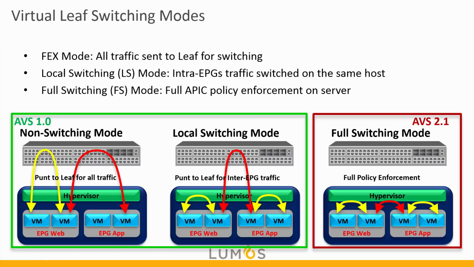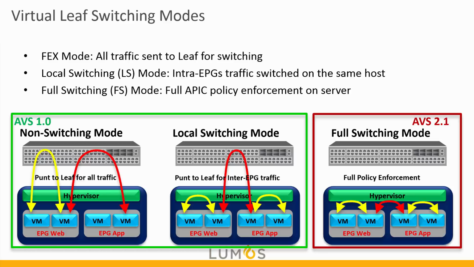But we will need layer 2 switching, or possibly layer 3 routing if these VMs were on different subnets, but in one EPG, one bridge domain, with two subnets, an IP and a secondary IP. Now, going inter-EPG, regardless of whether we're using FEX mode or local switching mode, both today require being punted to the leaf for layer 3 routing, as well as for policy application.